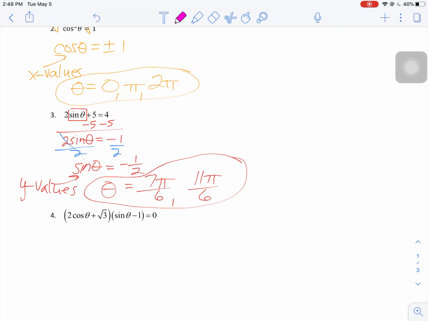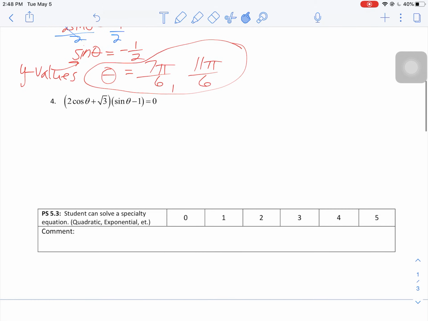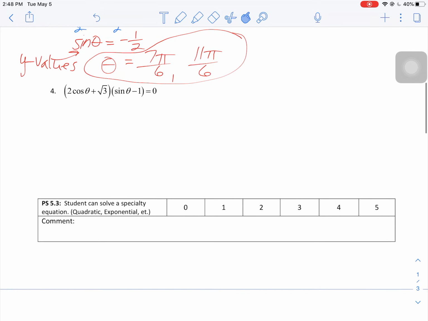On number 4, they have already factored for us. We have 2 sets of parentheses being multiplied together. So we're just going to set each factor equal to 0 and solve for x, just like we would any equation. So I'm taking one set of parentheses and setting it equal to 0, and then I'm taking the second set of parentheses and setting it equal to 0.